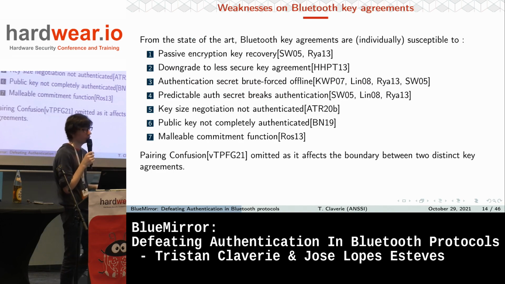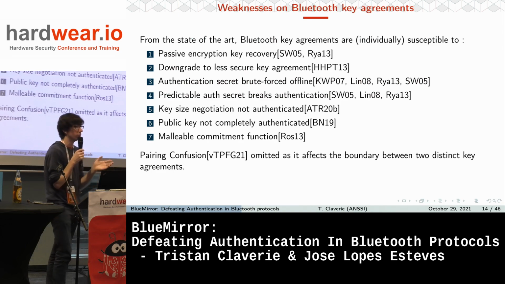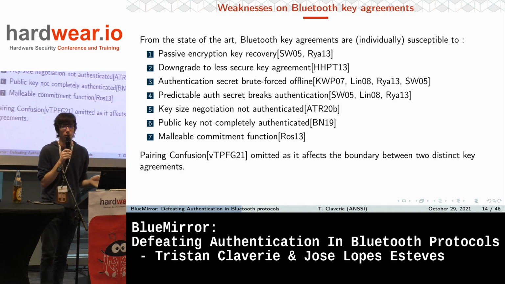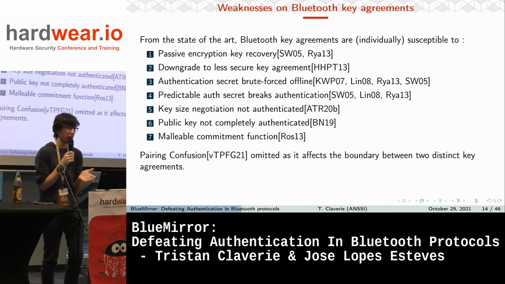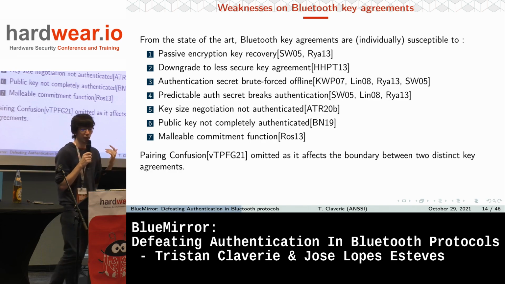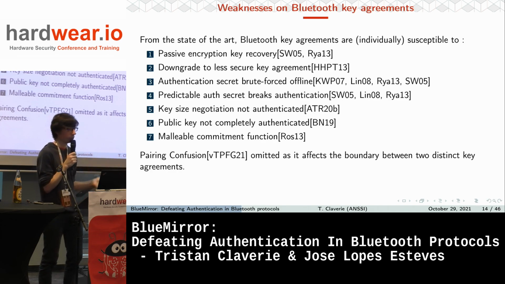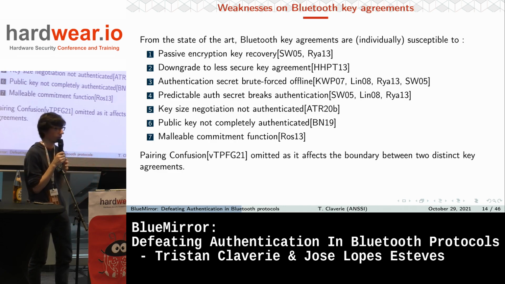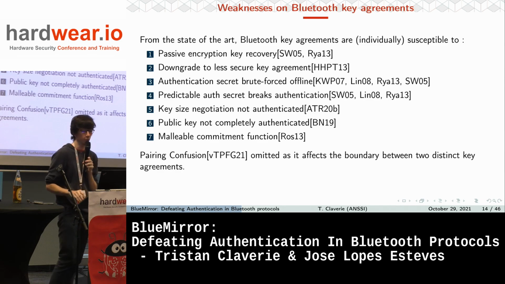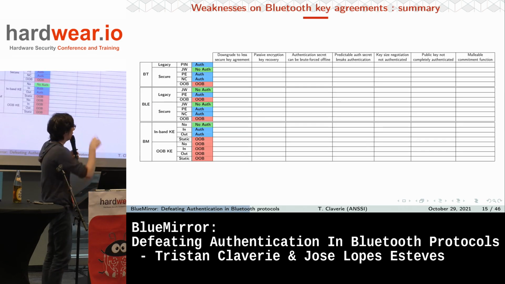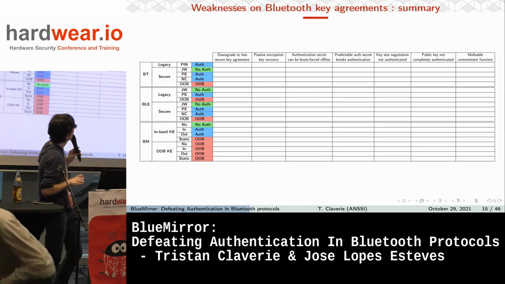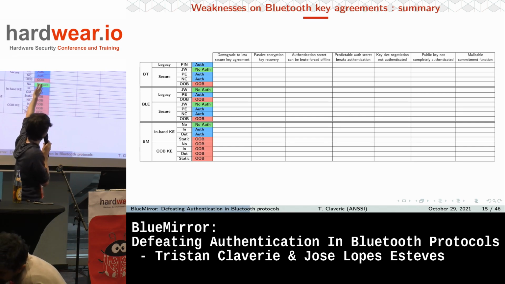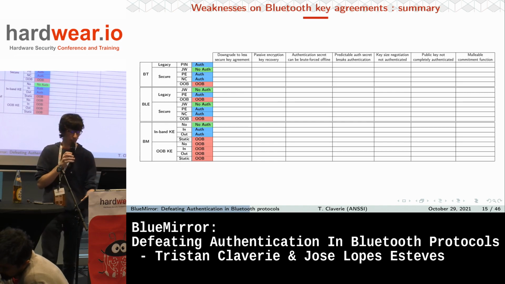Now, Bluetooth is not a really old technology, but it is more than 20 years old. So it has already been extensively studied by other researchers. And so we looked at all the literature and tried to see what the common weaknesses on Bluetooth key agreement were. So we have a kind of summary table. The weaknesses identified are above. The different key agreements are on the left.